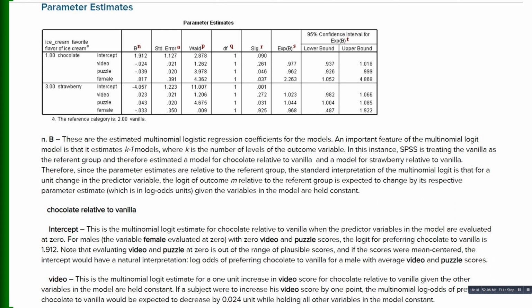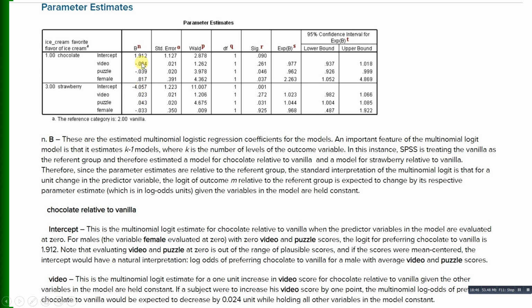Similarly, in the case of strawberry relative to vanilla, the exponentiated betas for video and puzzle are greater than 1. So the signs of the coefficients are positive, and we can interpret these coefficients the way I described for video in the case of chocolate relative to vanilla.